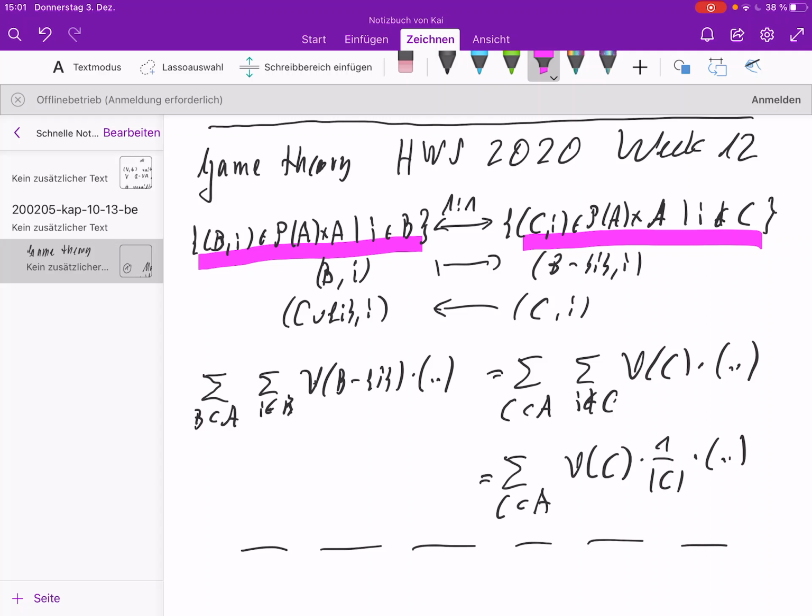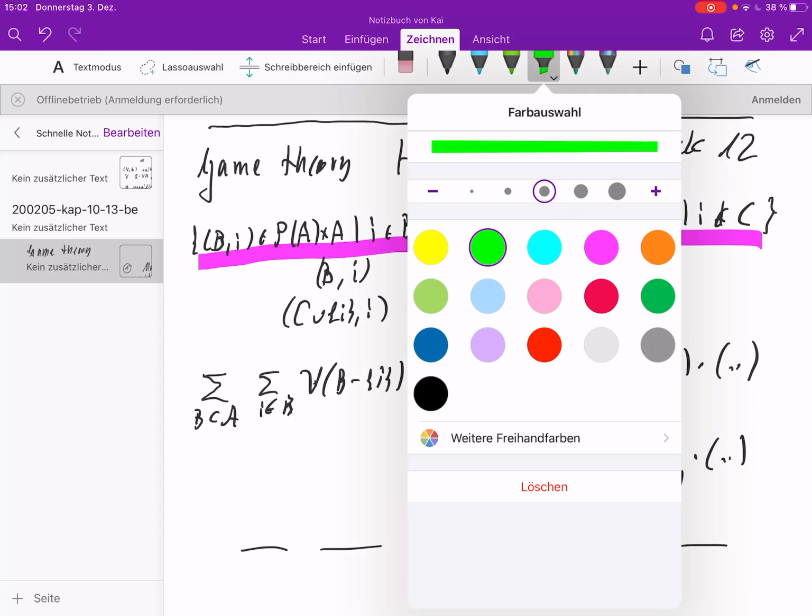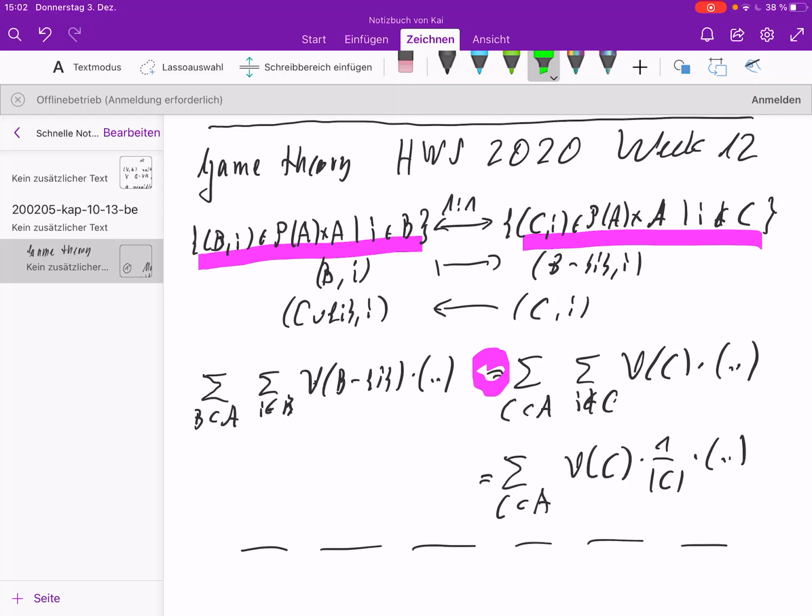And therefore I can now go into the sum, and the bijection will tell me that I can replace the sum here on the left-hand side by the sum on the right-hand side. And here I have B minus I, and then here I have C. And these factors, I will see what it is.